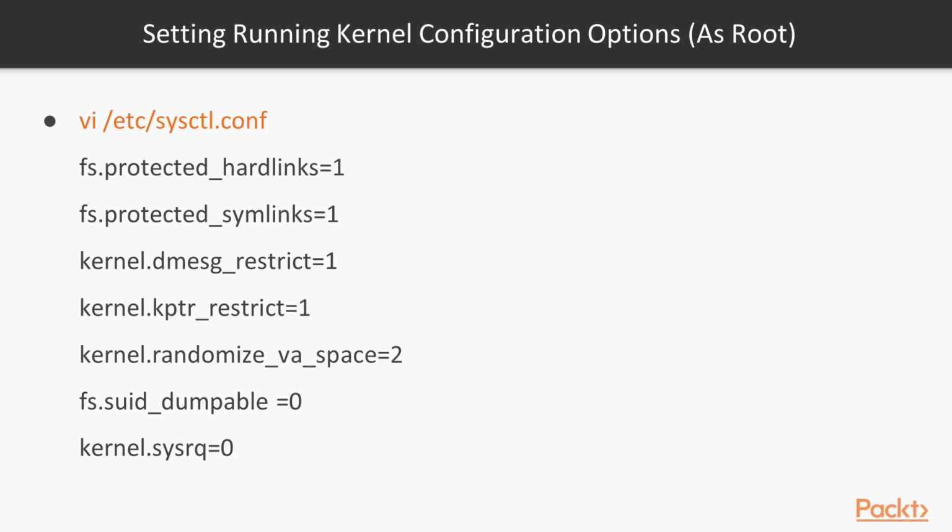Here, these are other options you can set for local system configuration hardening, where you protect hard links, symlinks, messages from the kernel, pointers into the kernel, randomizing the address space, making executable files not dumpable, and disabling the SysRq key. If you're curious about what they actually do, just copy the names to a search interface and you can read it right up there.